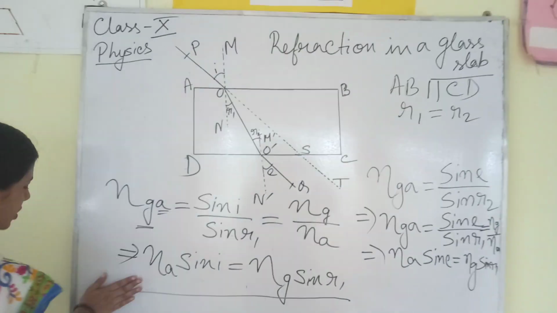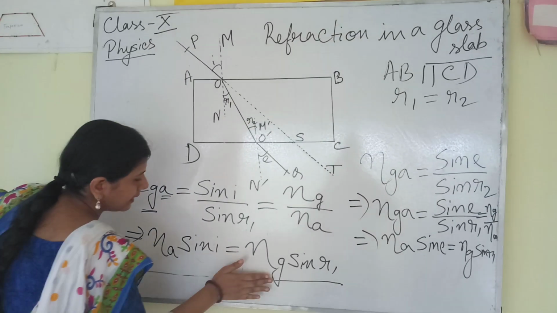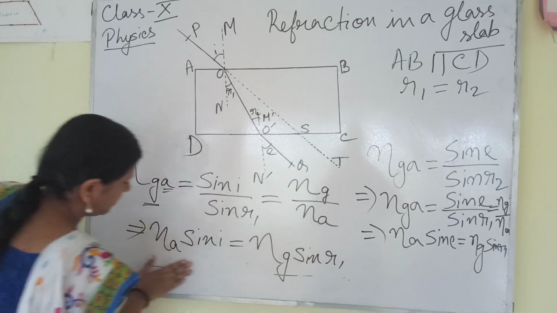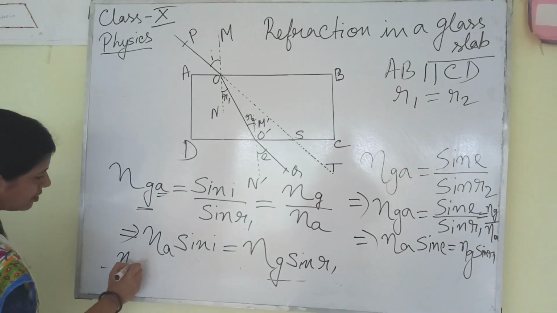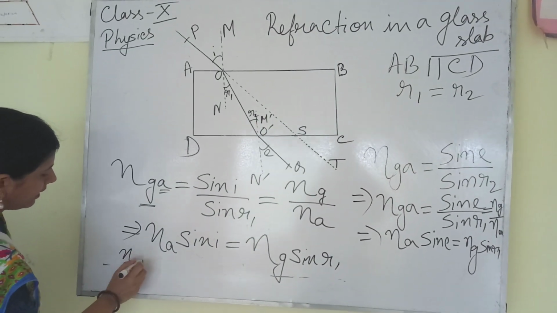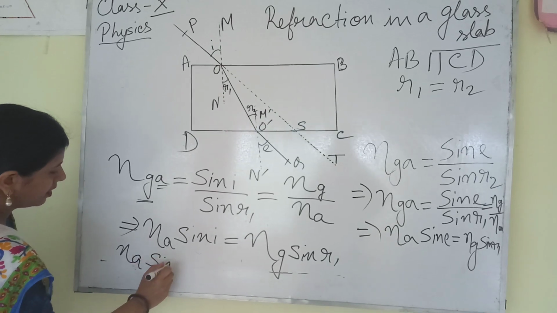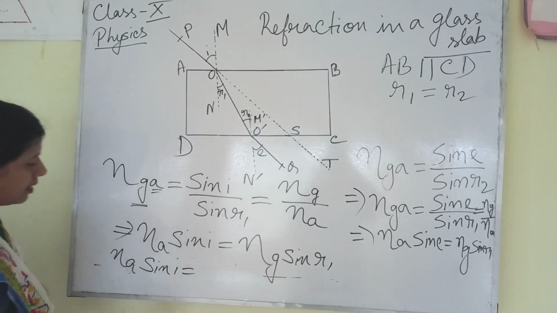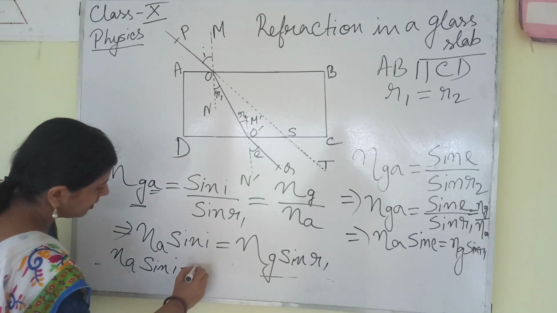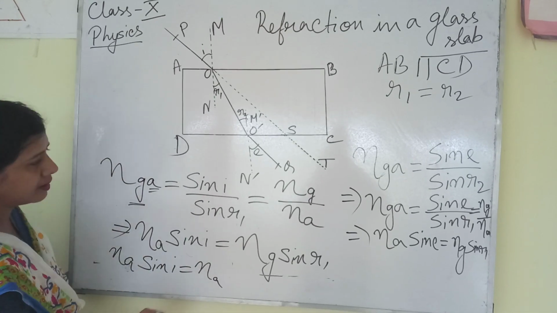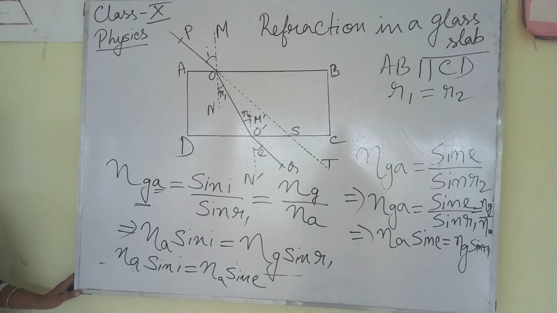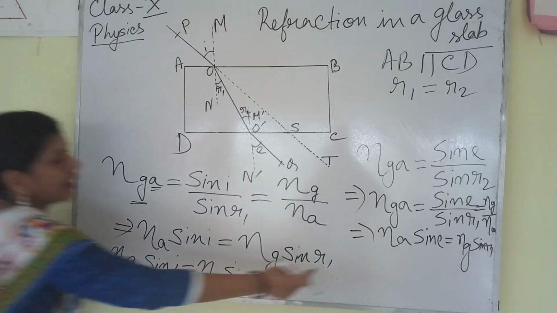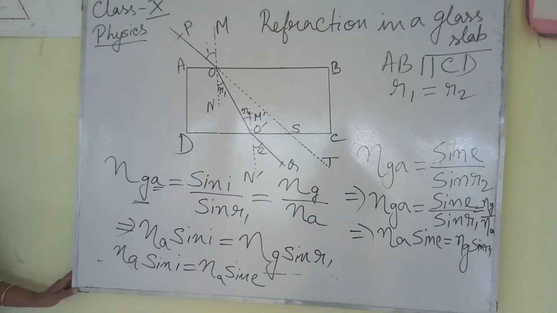If these two equations are equal, then I can write refractive index of air into sin I equals refractive index of air into sin E. This I can write as this equation and this equation are equal.